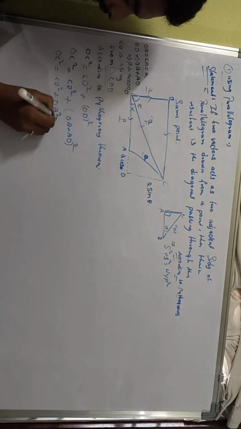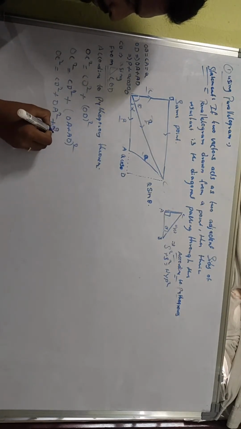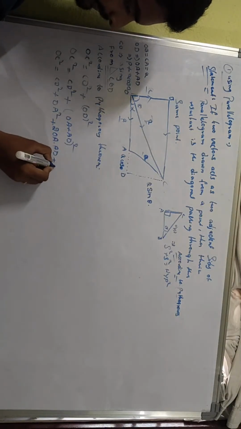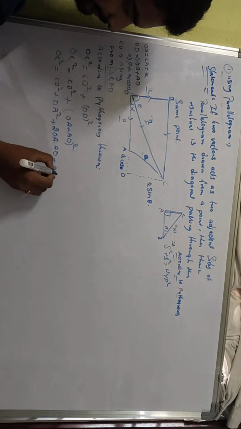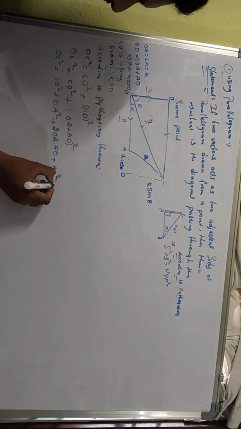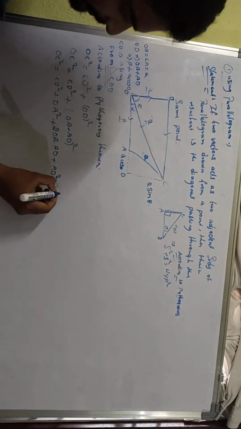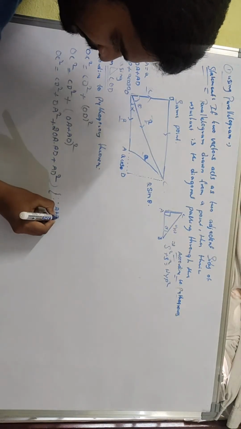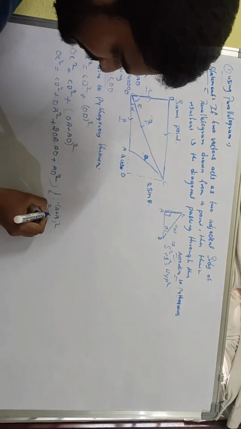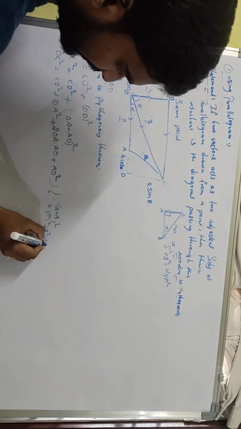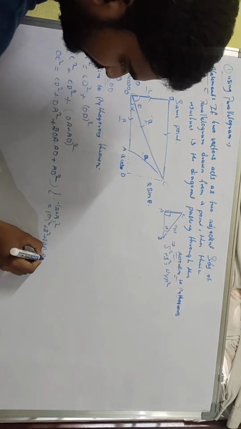Nothing but A square plus 2AB plus B square, that is OA square plus 2 OA AD plus AD square. For clarity we expand the formula.